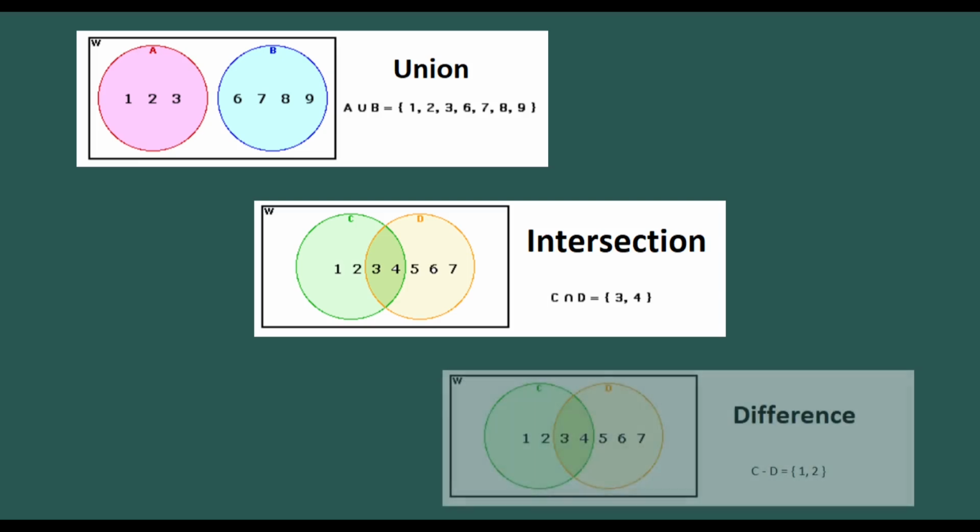Next is difference. Here we have a set C which contains the values 1, 2, 3, 4, and another set D which contains the values 3, 4, 5, 6, 7.